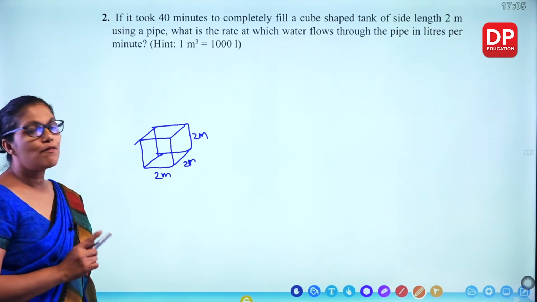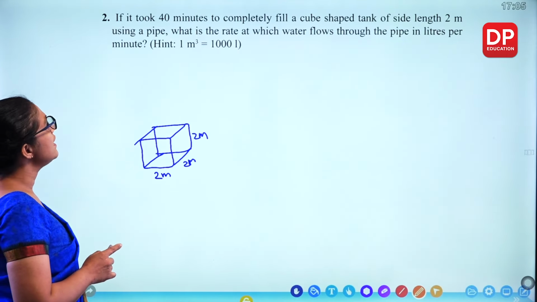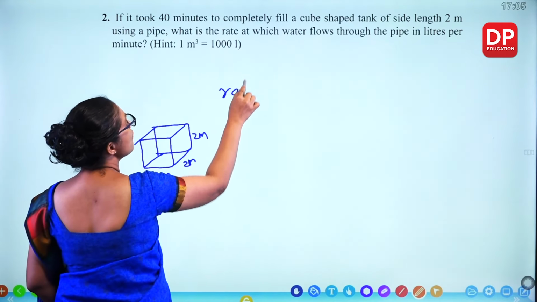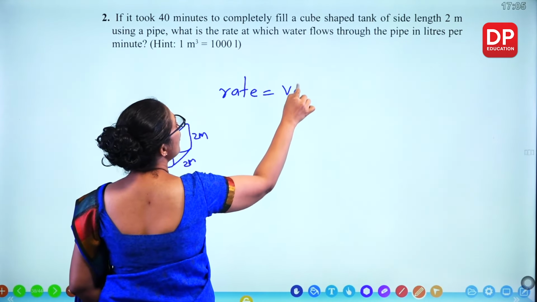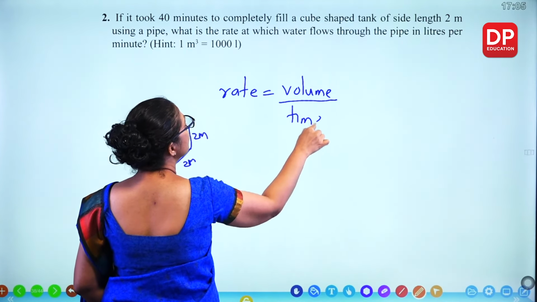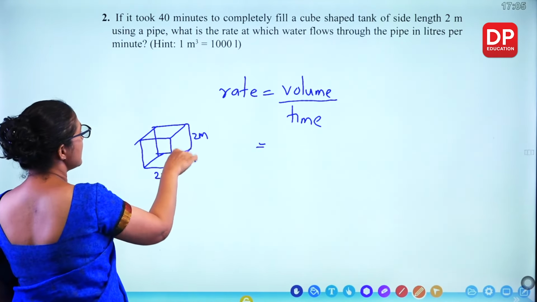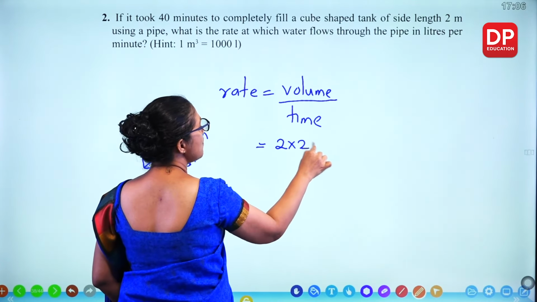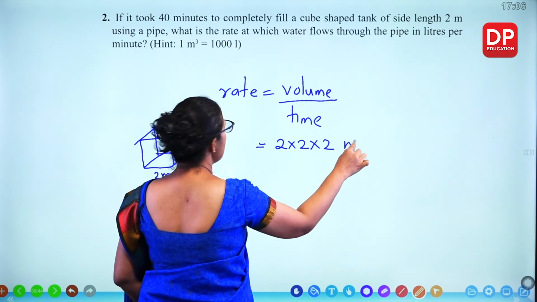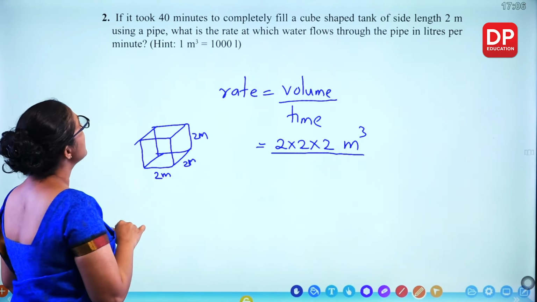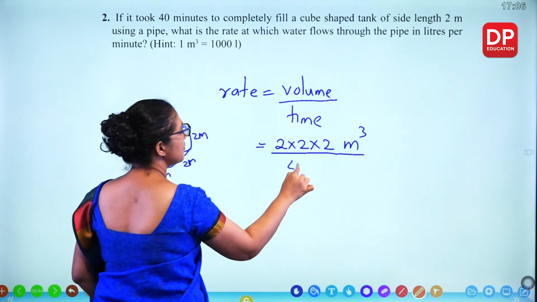So a hint is given, 1 cubic meter is 1000 liters. So you are asked to find out the rate. So what's the formula? Rate is volume divided by time. Volume is this one. So 2 times 2, that's in cubic meters and time is 40 minutes.